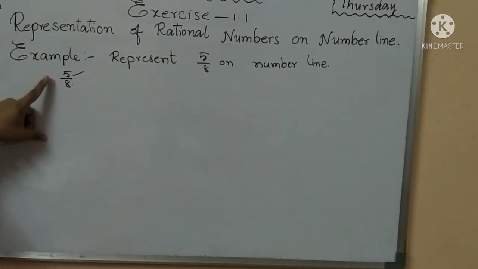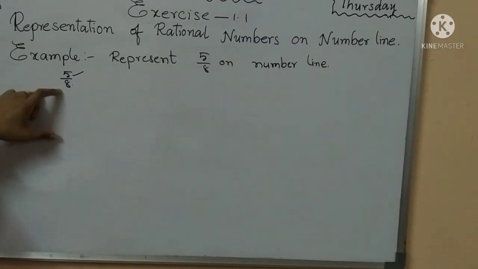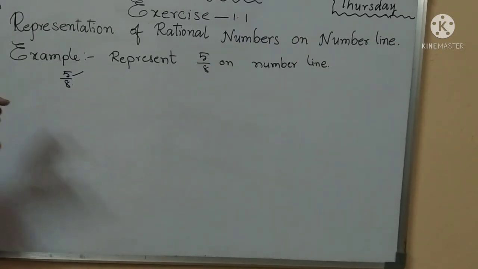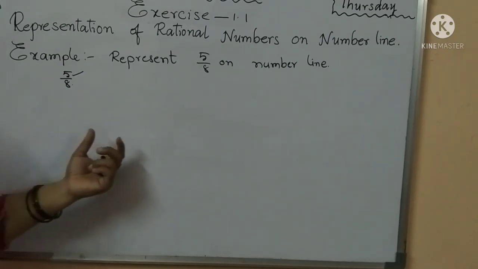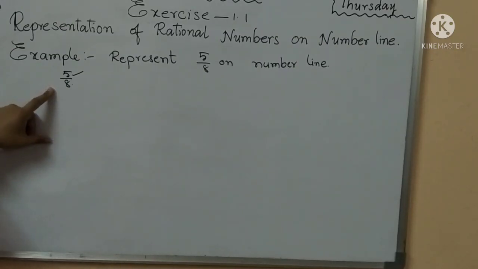In a rational number, the denominator tells the number of equal parts into which the unit has been divided.